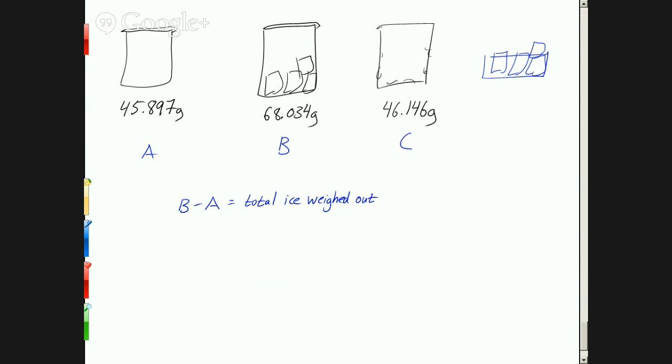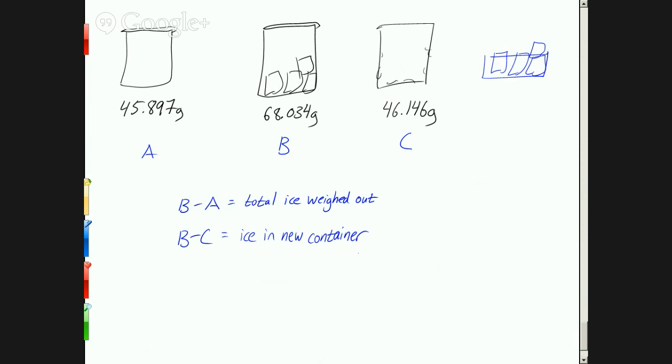C minus A will tell us how much liquid is left in the original beaker. So we could use that with this. But there's a little bit easier way to do it. How much ice is in the new container that you dumped it into? Right. B minus C is the actual ice that made it into the new container.